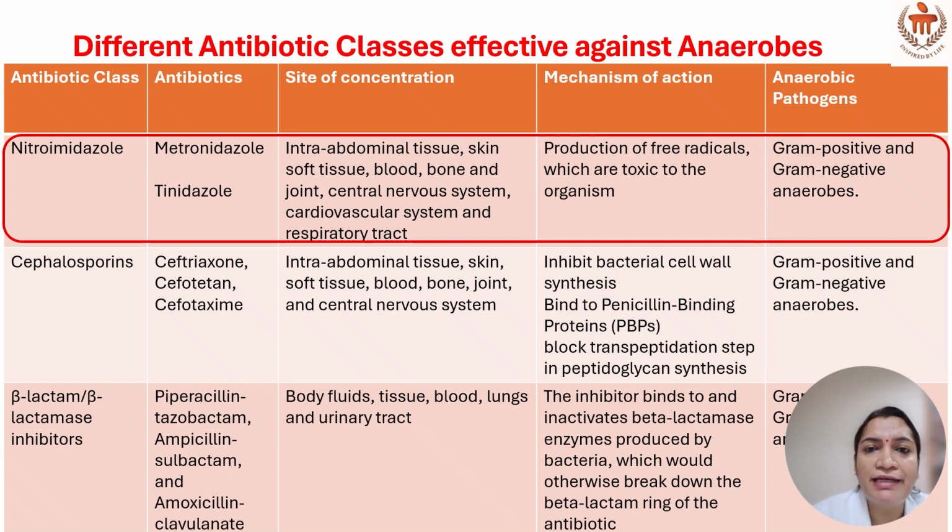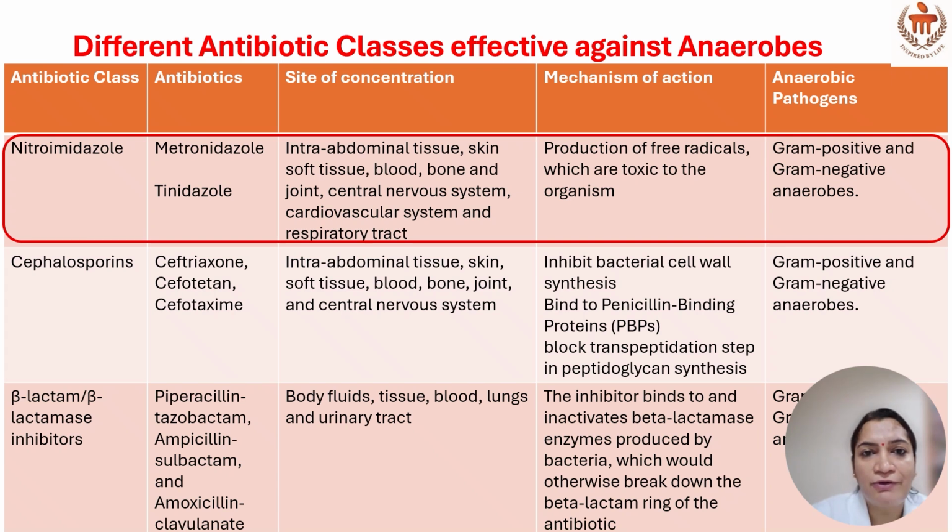So there are certain organisms which exhibit intrinsic resistance. Apart from that, we have the beta-lactam group of antibiotics. Penicillin group drugs have minimal activity against gram-negative anaerobes, whereas they can be used against gram-positive anaerobes in some cases. Apart from penicillins, we have cephalosporins.